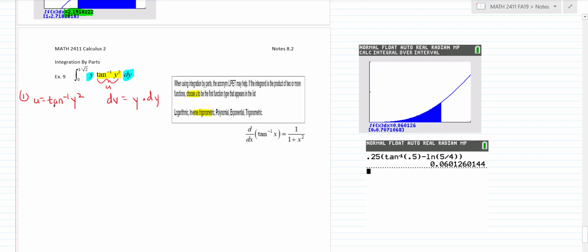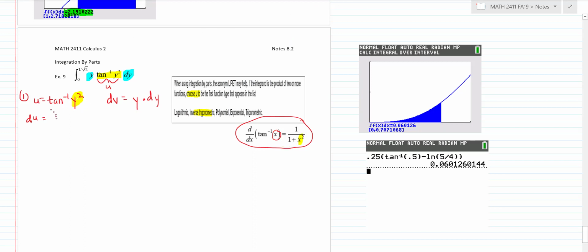It's easy to differentiate an inverse tangent, and it's easy to integrate y dy. Okay, so du. Here is the rule, and you're going to start seeing this quite a bit in this class. When you differentiate an inverse tangent, it's 1 over 1 plus whatever that thing is, squared. Now this is going to be a chain rule, so you want to be careful. This is the argument of the inverse tangent, so that's what plugs in there.